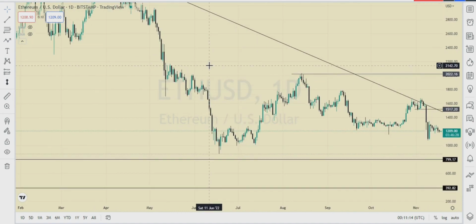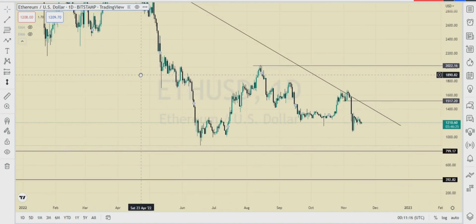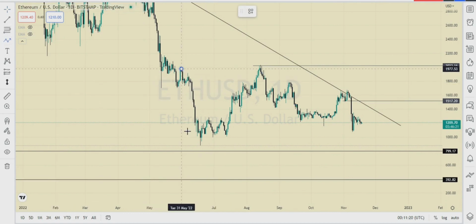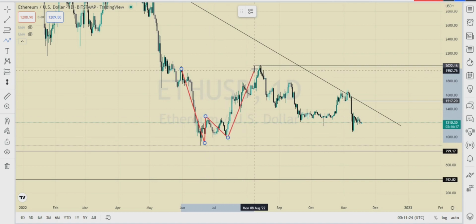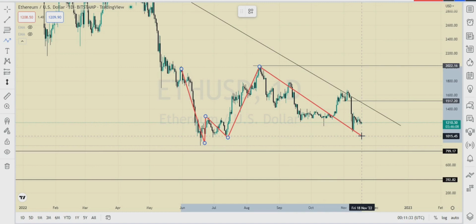We come down again. We have another one here. The market is now melting down to the downside. You can see it. The market is now melting down.